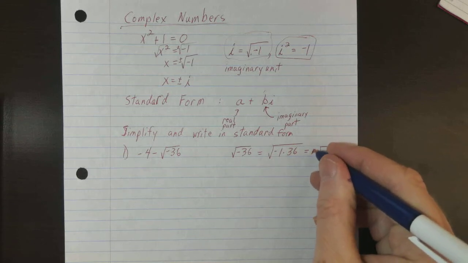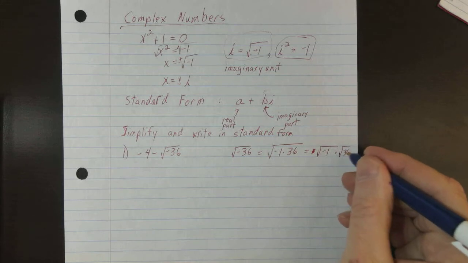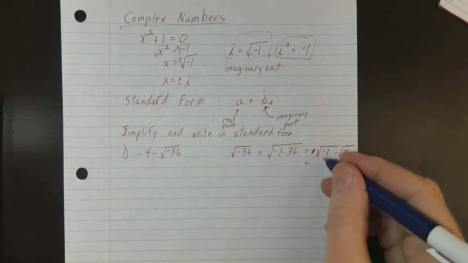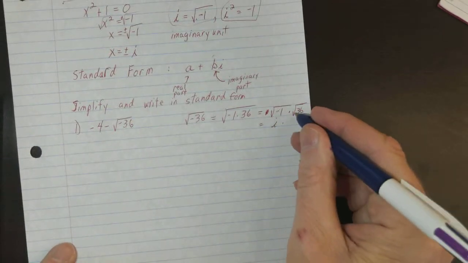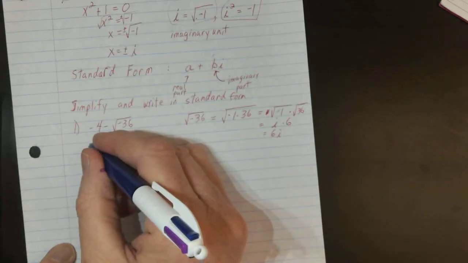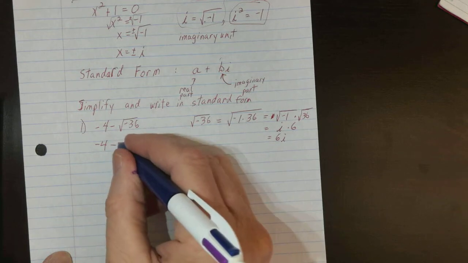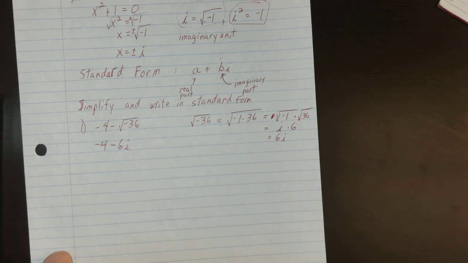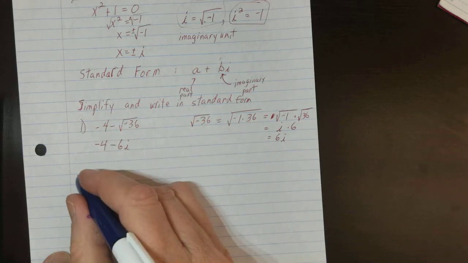So that is equal to the square root of negative 1 times the square root of 36. The square root of negative 1 is i, and the square root of 36 is 6. So this part right here is 6i. So I'm going to rewrite this as negative 4 minus 6i.